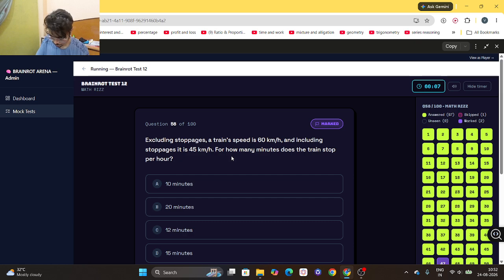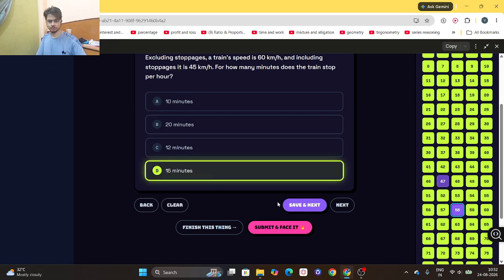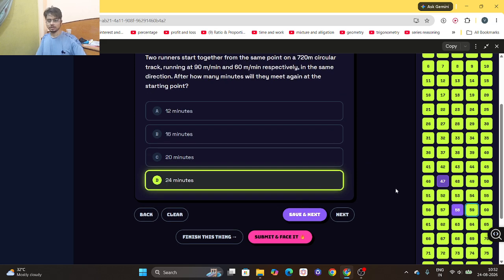And if the speed is 45 kilometers per hour, time will be 4 hours. The difference is 1 hour out of 4, so 1/4, 15 minutes probably. Not sure, but we'll take a guess.